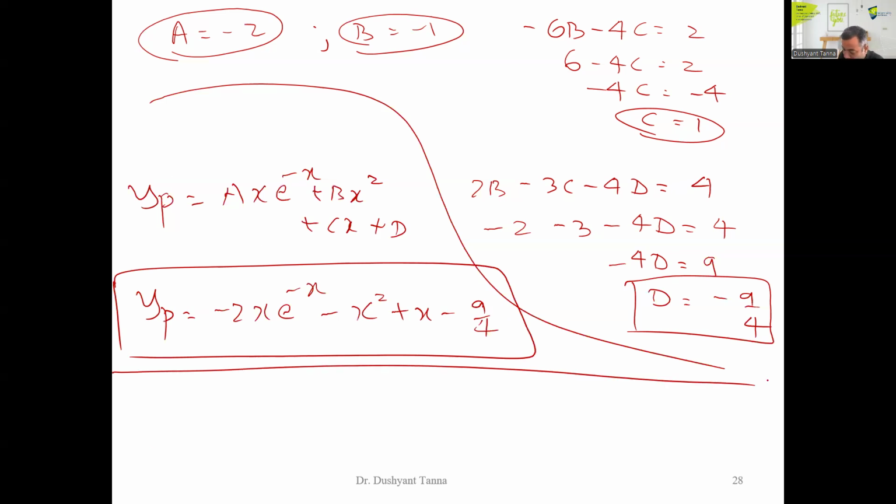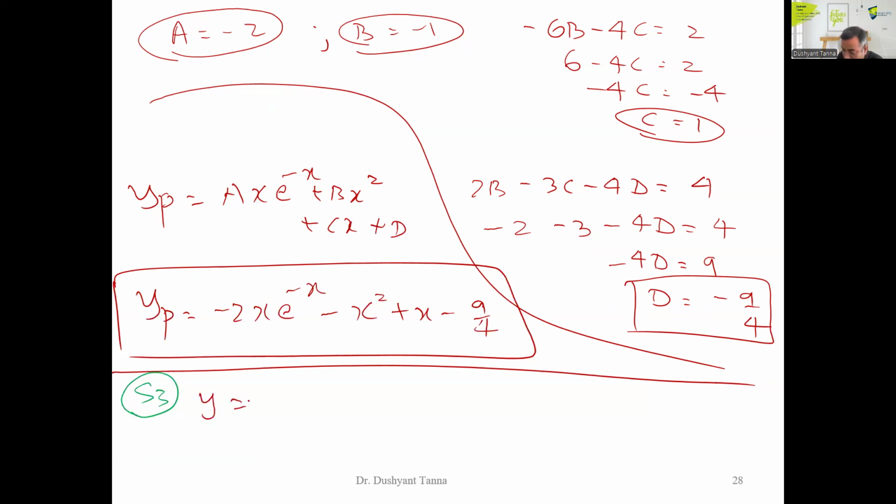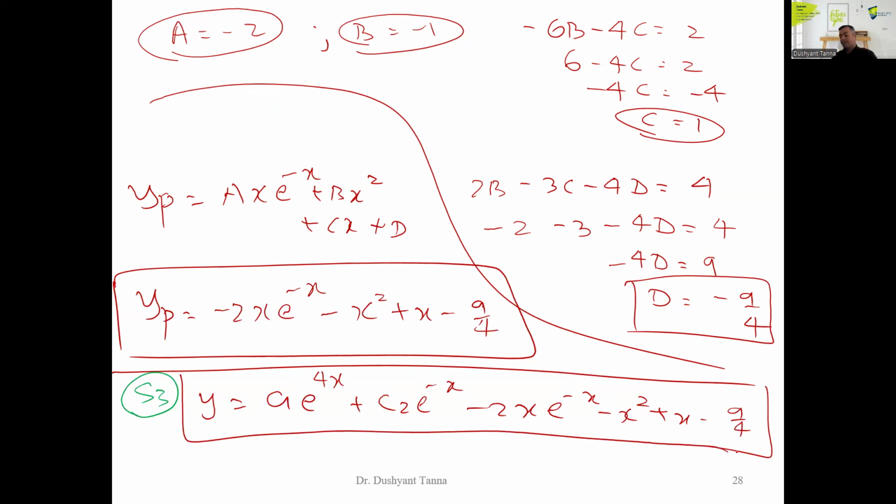And finally, your step 3, which is addition of everything, H and P. So Y, which is C1 e raised to 4x plus C2 e raised to minus x minus 2x e raised to minus x minus x squared plus x minus 9 on 4. That's your final answer.